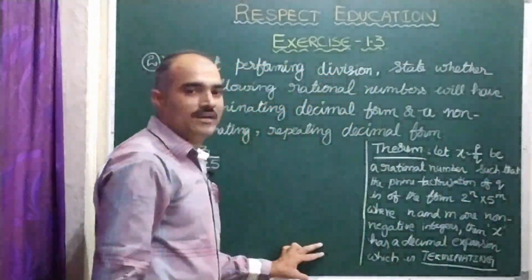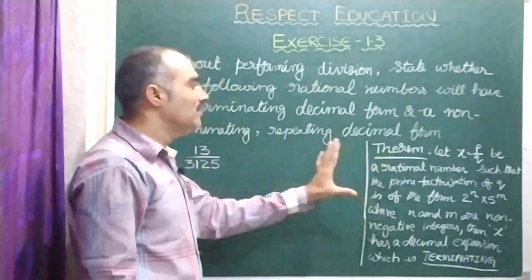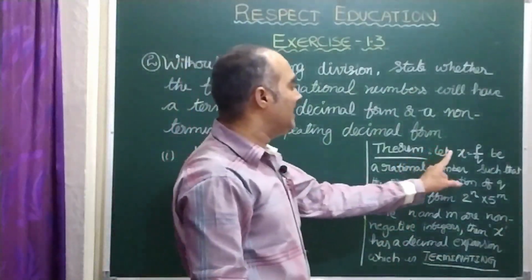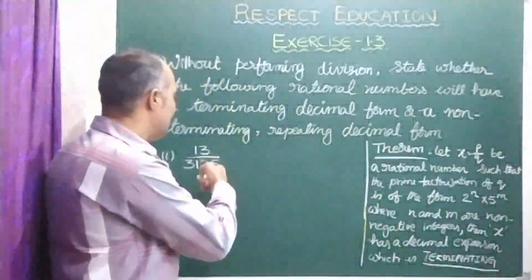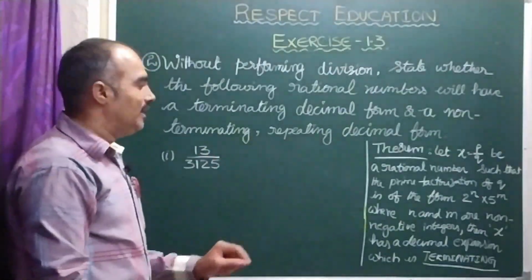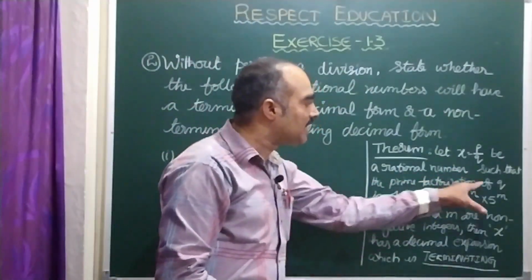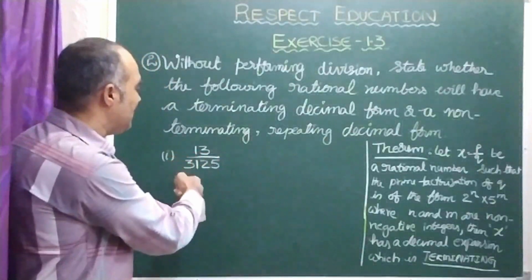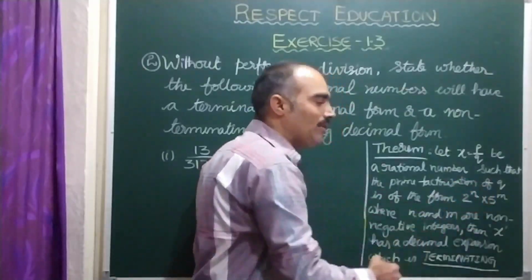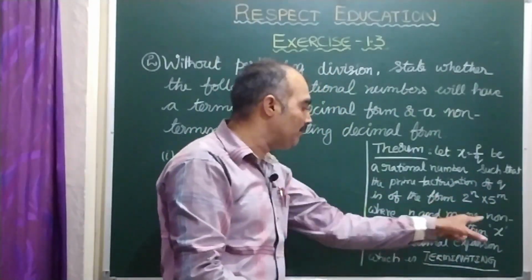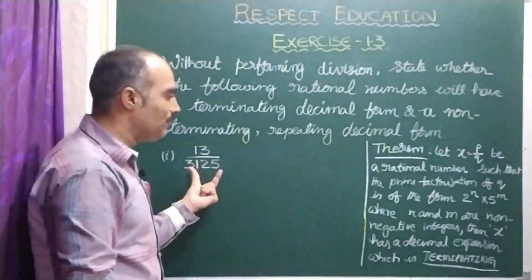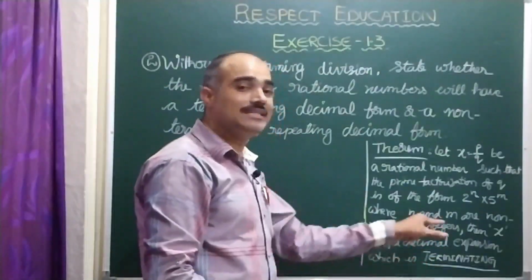So here let us apply this theorem for solving this problem. First of all, I will make you understand clearly what the theorem is. Simple. x is equal to p by q. See here, this is in the form of p by q where p is 13 and q is 3125. Then, such that the prime factorization of q, that means we need to find the prime factorization of 3125. If it is of the form 2 power n into 5 power m, where n and m are non-negative integers, then x, this rational number, has a decimal expansion which is terminating.